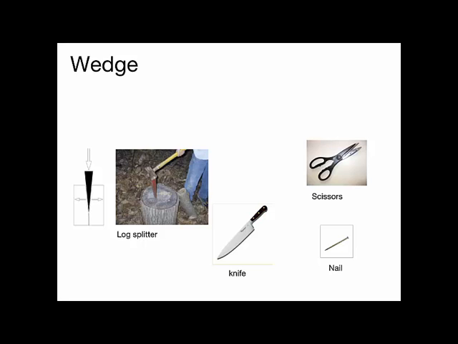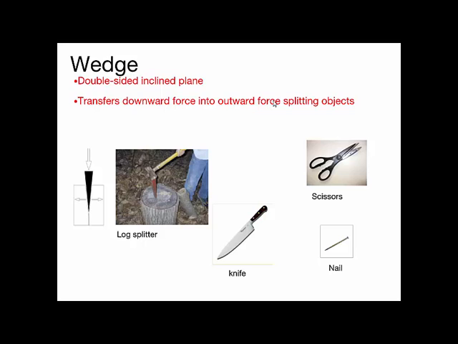A blade. Right. A wedge is really a double-sided inclined plane. The wedge can help you transfer downward force. As you push down on the wedge, that force is transferred into outward force that can split something or cut something.